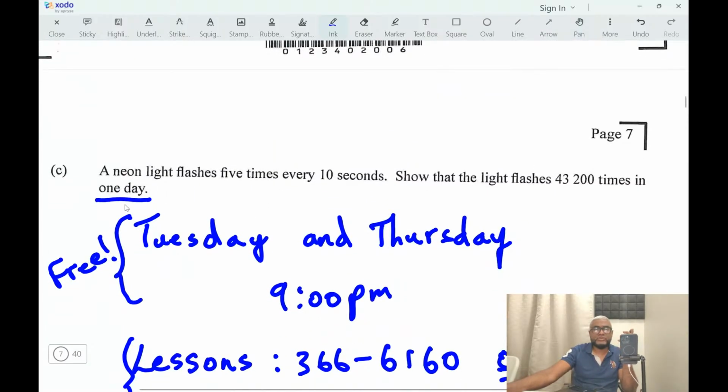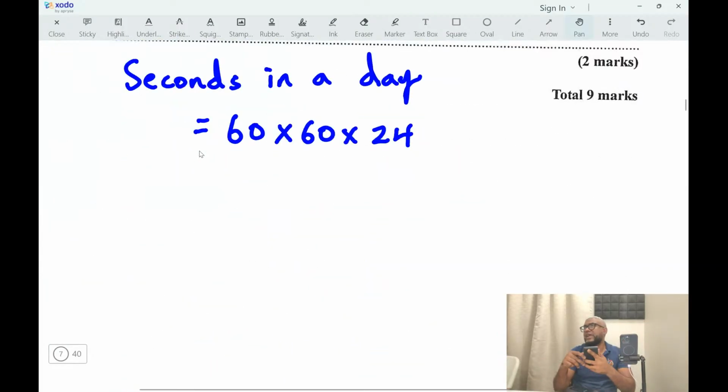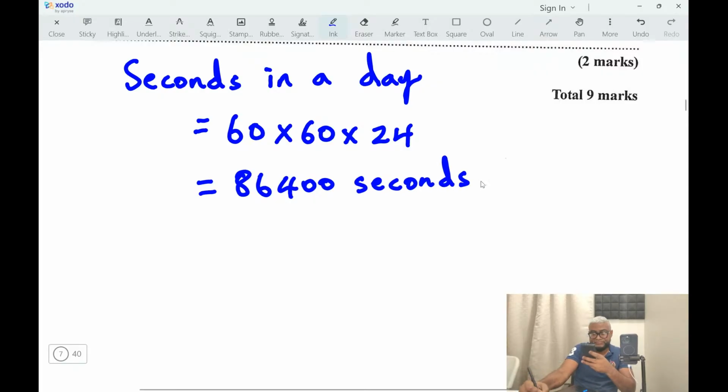So that's where we got the 24 from, right? What are you getting here? 60 multiplied by 60 multiplied by 24. So I'm getting 86,400 seconds in a day.